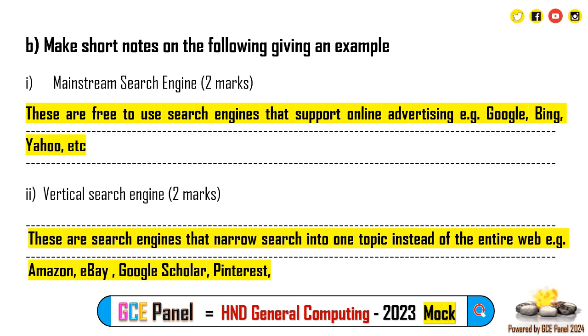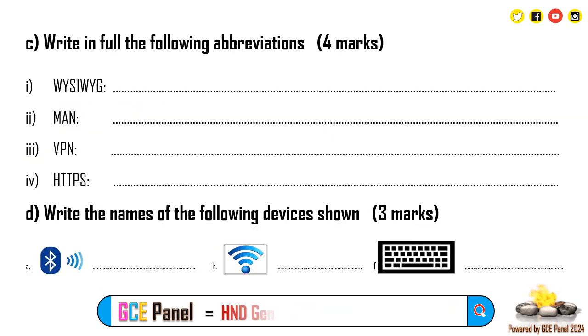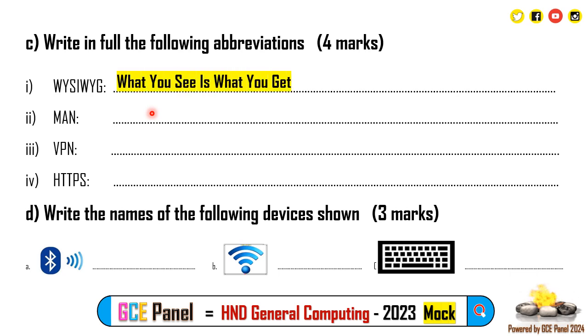Next part of the question. So the next part of the question reads, write in full the following abbreviations. That's the C part. WYSIWYG. So the first one is, what you see is what you get. Man. MAN is Metropolitan Area Network.